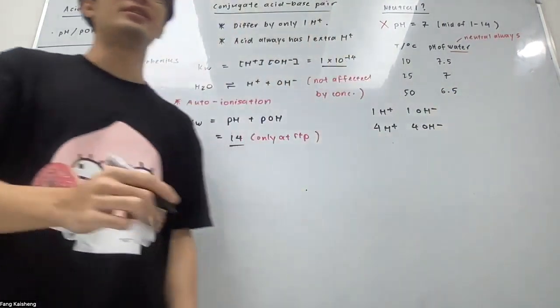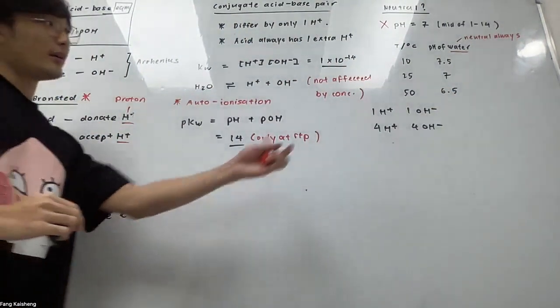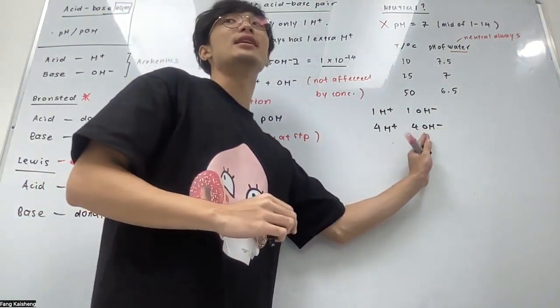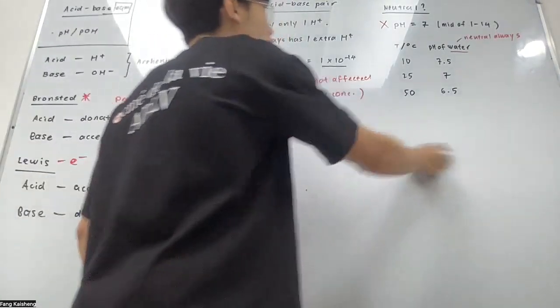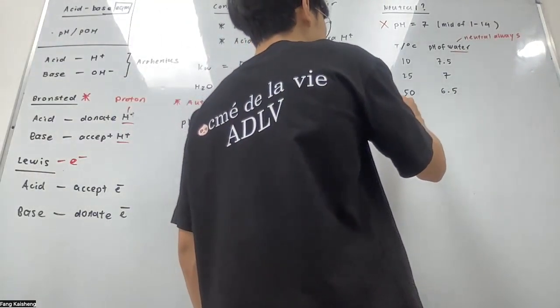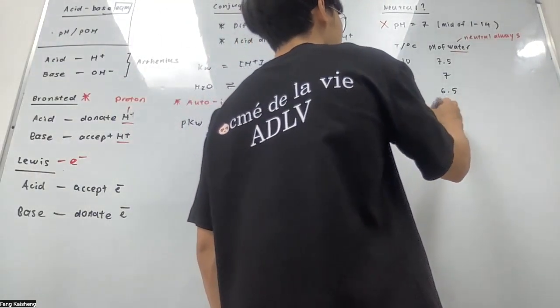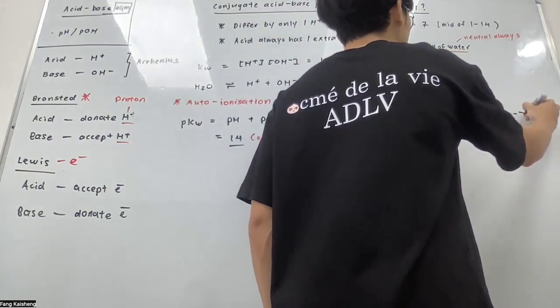So what is neutral? Is there some sort of formula that we can use now? H+ and OH- must be equal. So we have come up with a more reliable way of understanding neutrality. Neutral means H+ and OH- concentrations must be equal. Take note of this.